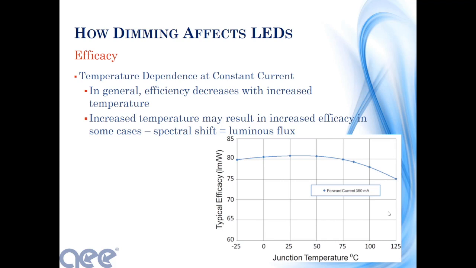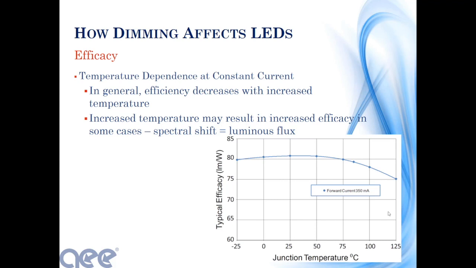But there's an interesting thing that happens because with LEDs, you typically have a blue LED with a phosphor yellow pump over top of it. That's how most white LED lighting is made. Depending on how the temperature of the junction of the LED affects the whole package, you can actually get a spectral shift, which basically results in more light, luminous flux coming out.